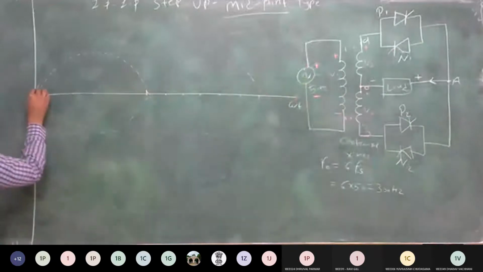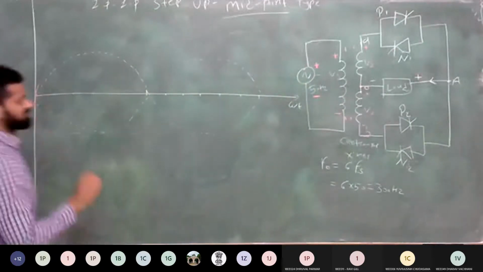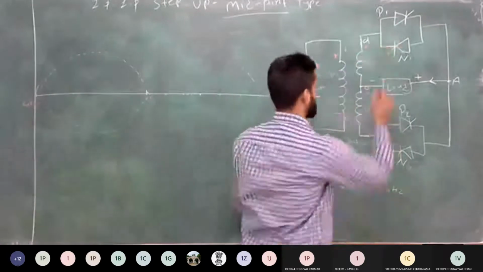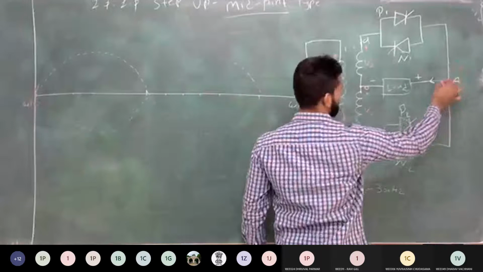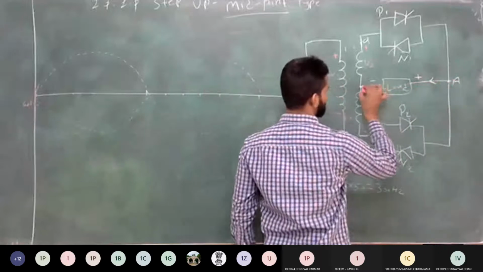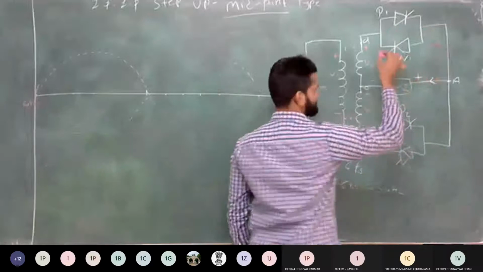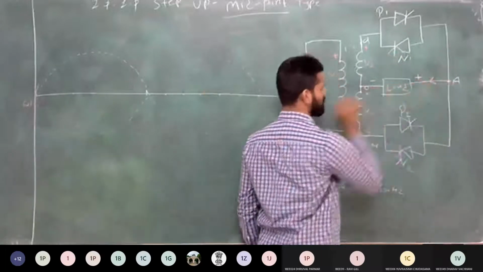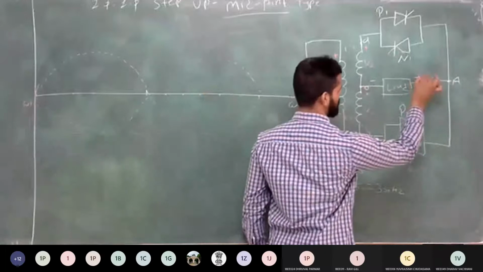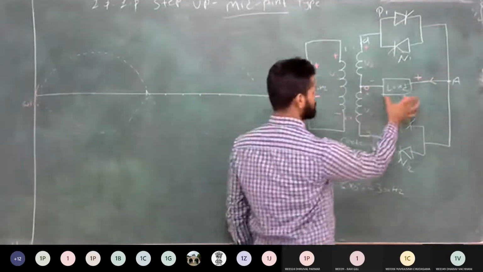Clear? So at this point omega t is equal to 0, I provide the gate pulse to P1. So current is flowing from A terminal, P1, A terminal of the load and O terminal. So current is flowing like this way in clockwise direction. So it is a positive direction of current from A to O, and polarity of the load voltage is also positive. And how much voltage across the load?